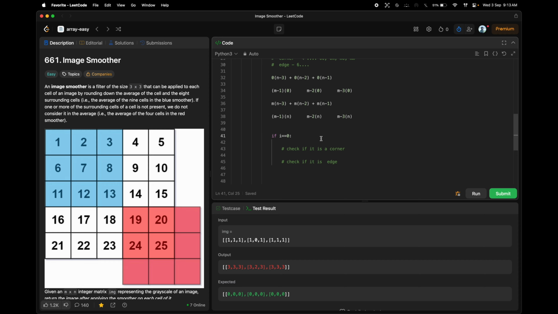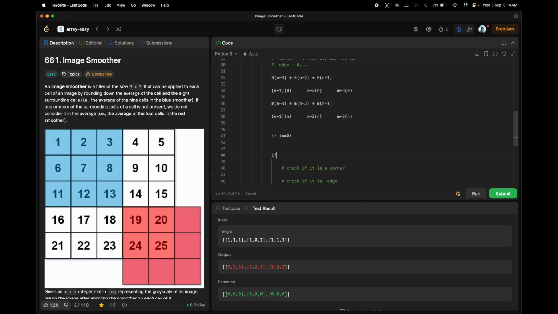Something must be there. I equal to 0. I can check for something for I equal to 0. If I equal to 0, then do something.